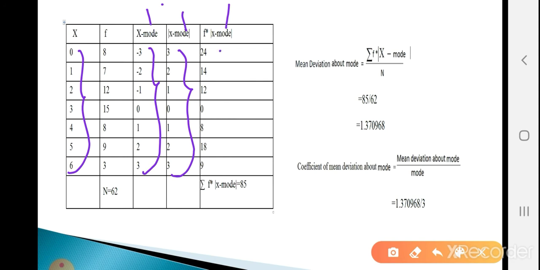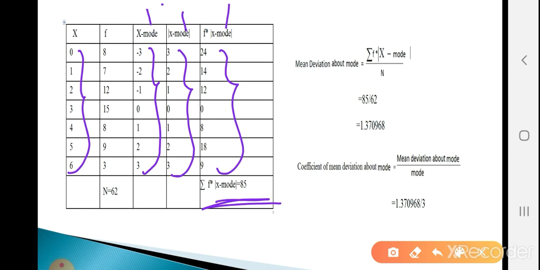The last column f into mod of x minus mode has values 24, 14, 12, 0, 8, 18, and last is 9. So the total of column f into mod of x minus mode is 85.